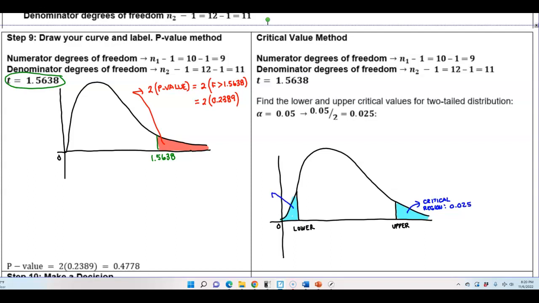And then over here, we also have a critical region, which is also 0.025. So if we want to find the lower, we're going to have to make sure that this area to the left is 0.025, and to find the upper critical value, it's going to be 0.025 to the right.